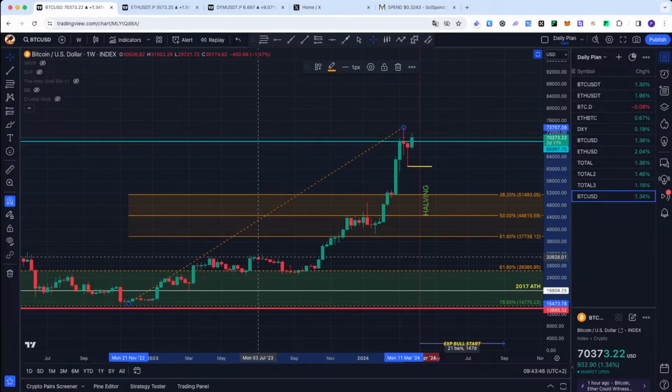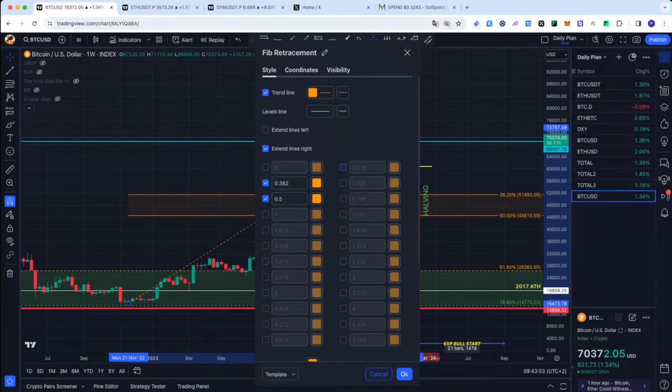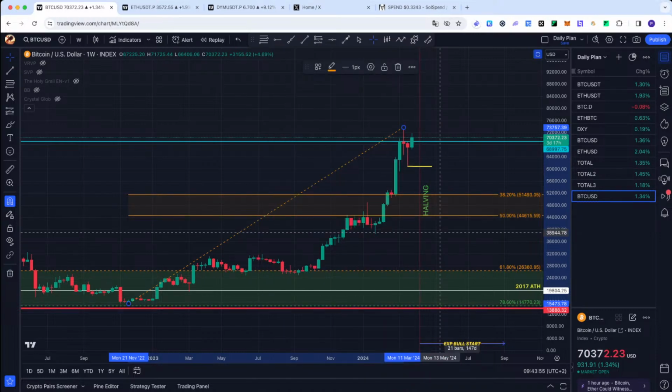Maybe a bit lower here. It's possible. For the moment, let's wait for that 3-bar fractal top.